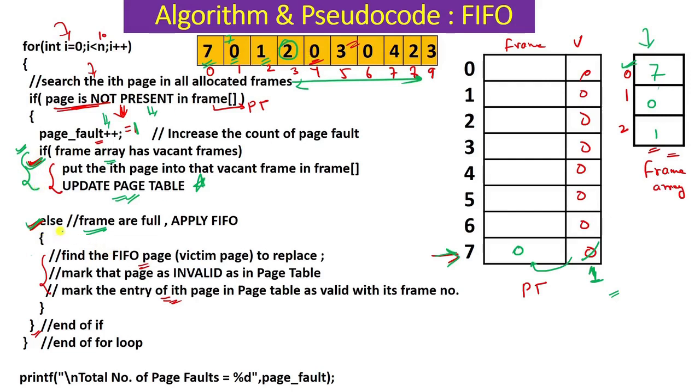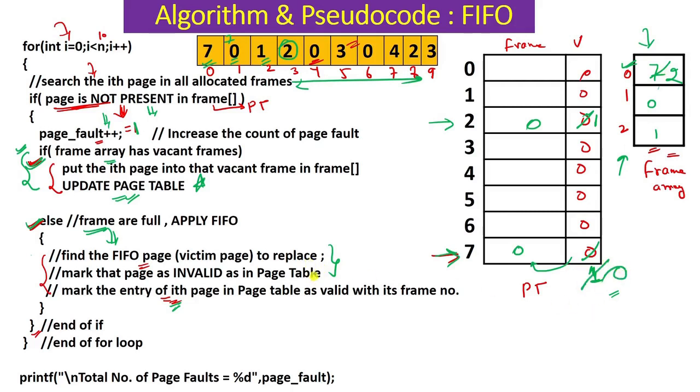So when I come here, I have to first find the free frame using the FIFO. But when I put the ith page inside the frame array, let's say I put 2 here, then again I have to update the page table. For 2 I will say you are in 0th frame, and you are valid. Before putting this 2 here, I have to say, okay, 7 you are now going, so for 7 I'll set it to 0.